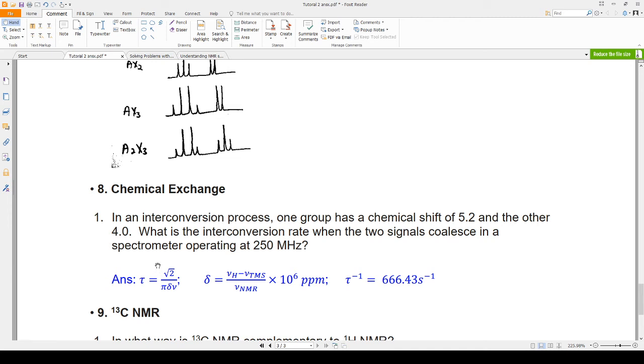There are 3 equations pertaining to this. First is the time it takes for the 2 signals to coalesce. Please remember that delta nu here is the difference in frequency in hertz. The chemical shift is in ppm, so you have to convert this to hertz first, not just take this minus this, and that's the mistake many students made.